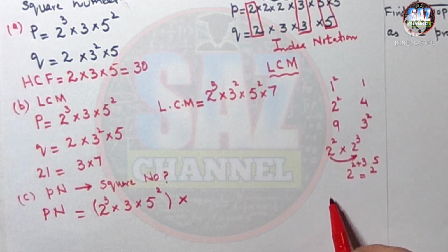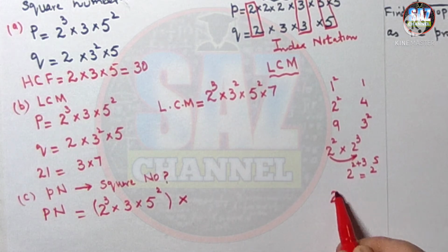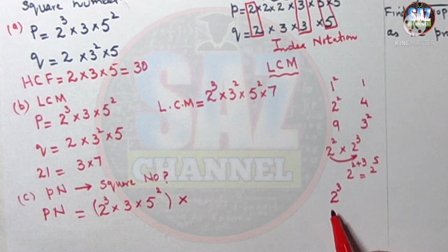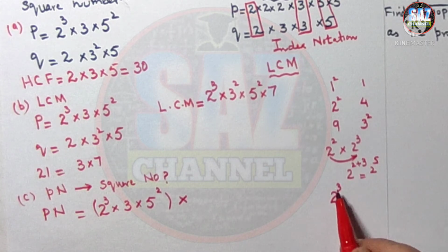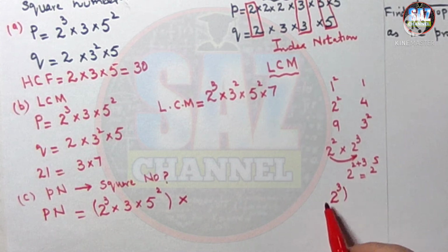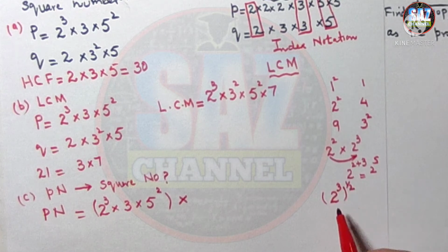Now look here, 2 has the power 3, but I want to turn this 2 in such a way that when I take the square root of this number, I can take out this 2 easily from the square root, and odd powers cannot be taken out easily from a square root.